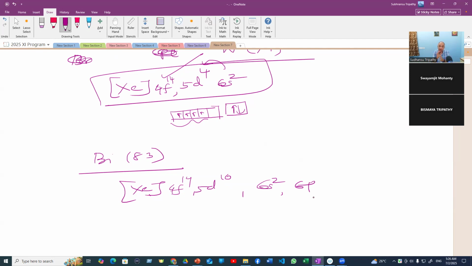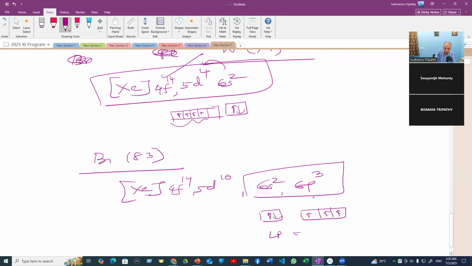But why there is a topsy-turvy, why there is a reversal, we will just now know. This will be 6p3. And since 6 is open, 6 is the valence shell, and there are 3 p orbitals. This is a pair, so one lone pair and unpaired electrons 3.